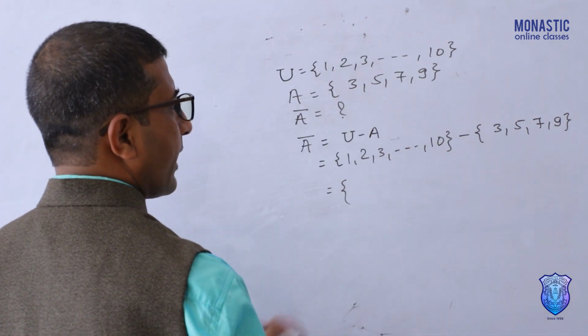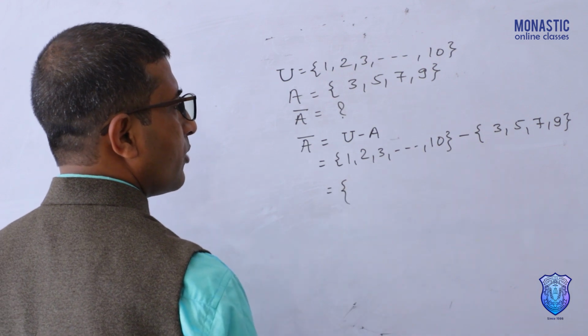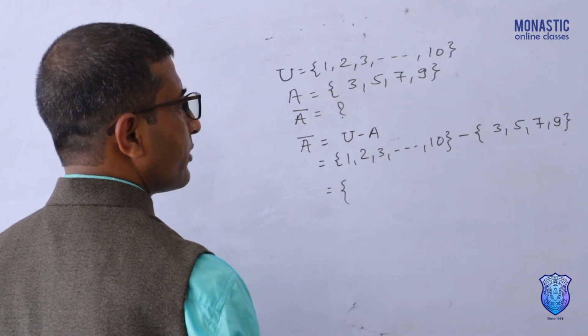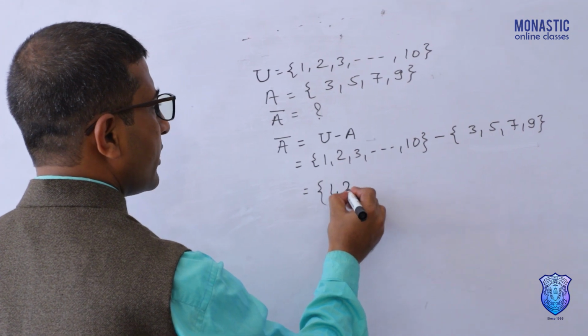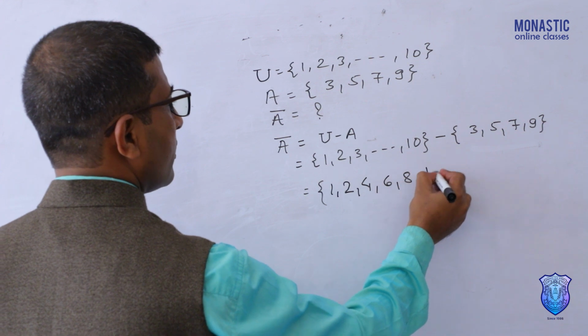When we do the subtract, from 1 to 10 we have to leave 3, 5, 7 and 9. Remaining elements are 1, 2, 4, 6, 8, 10.